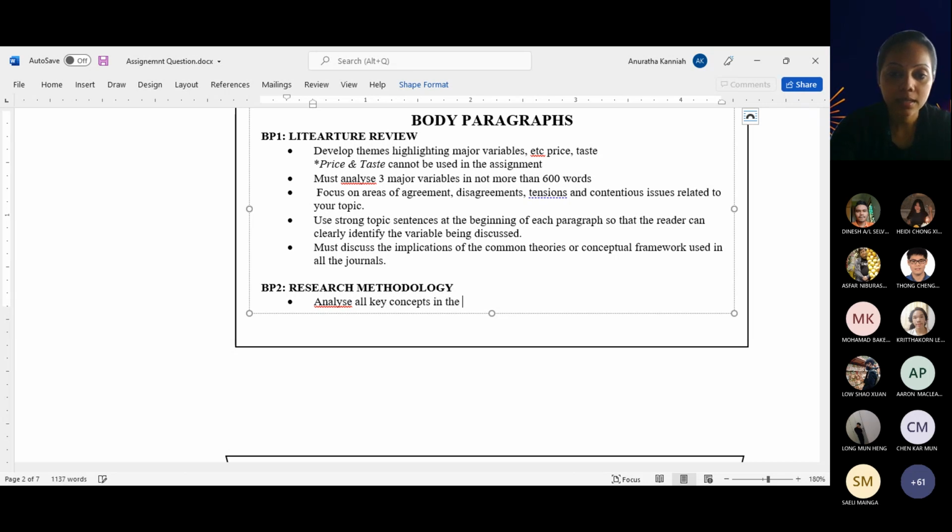Analyze all the key concepts in the articles. Then compare and contrast the data collection methods and instruments. So remember the word instrument.